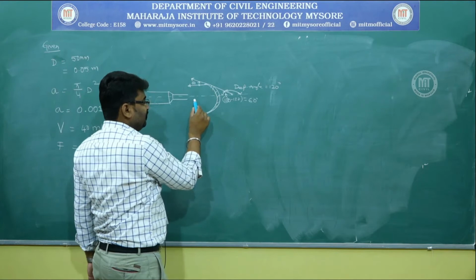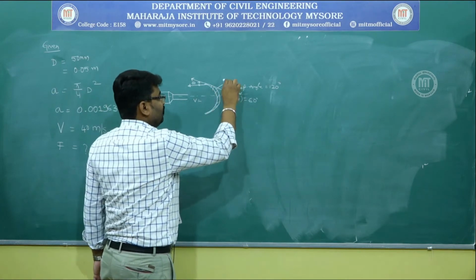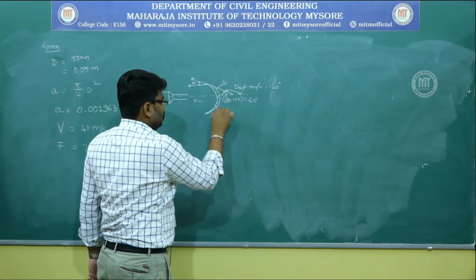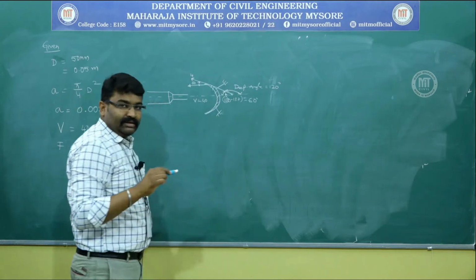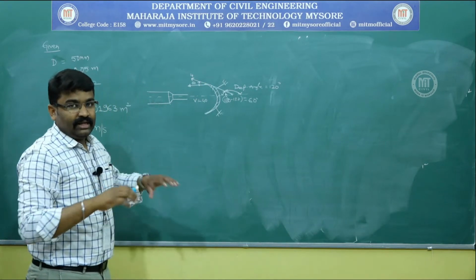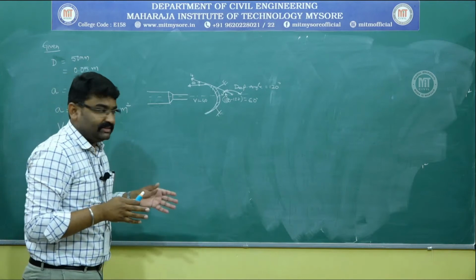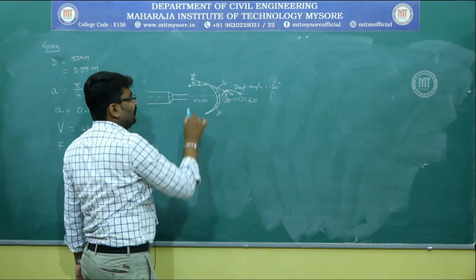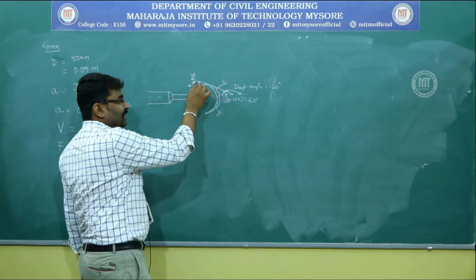So if the velocity with which the jet is coming and striking the fixed curved vane is 40 meter per second, and assuming that there is no shock, that means the loss due to striking of the jet on the vane is 0, this also has to leave with a velocity of 40 meter per second, and this angle is 60 degree.